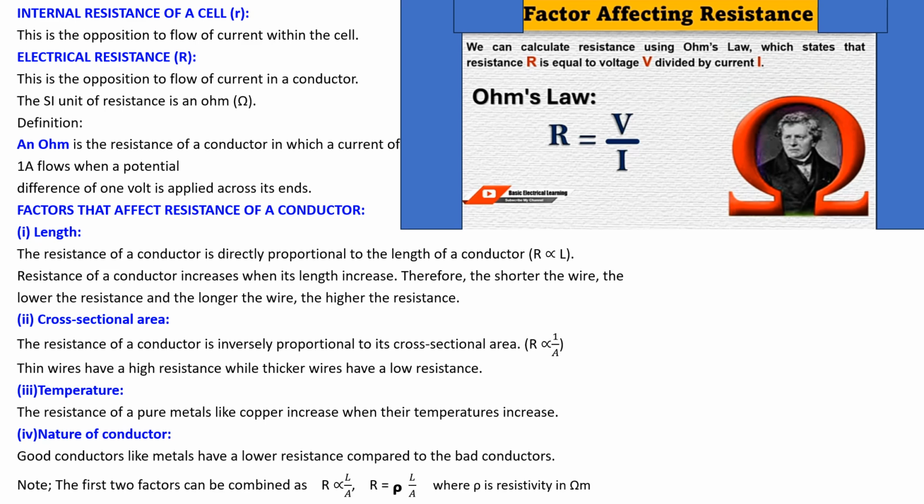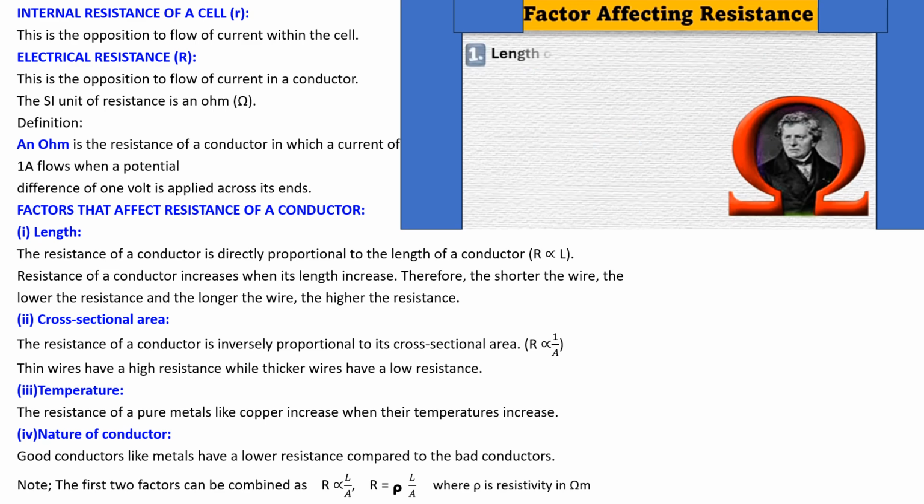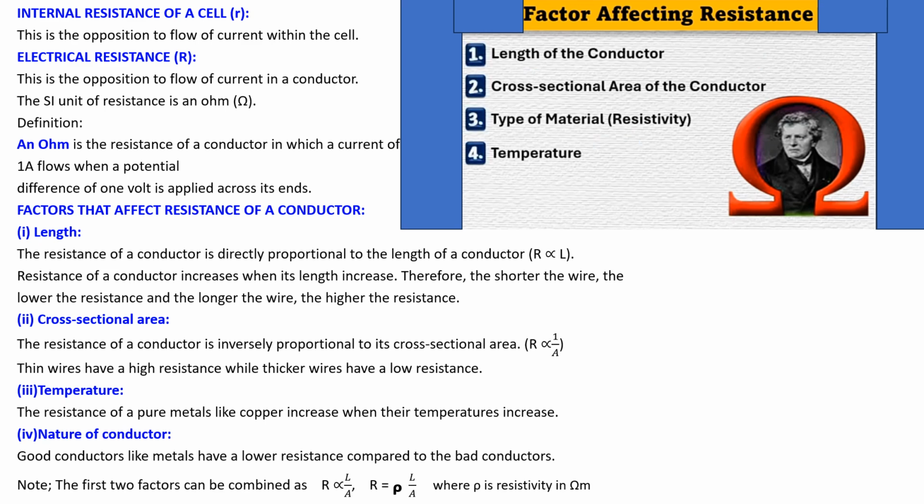Now the man behind all this is Ohm, who set the parameter connecting resistance, voltage and current, and the SI unit was named after him. So the length of the conductor, cross-sectional area of the conductor, type of material, temperature, we discussed them there.